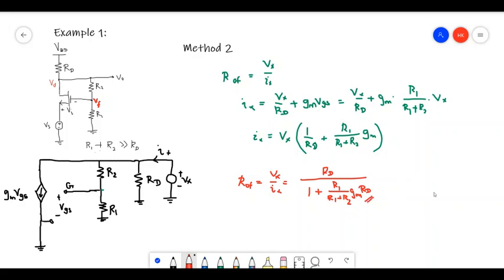So that's it. So this is also the previous expression that we got from the open loop parameters.